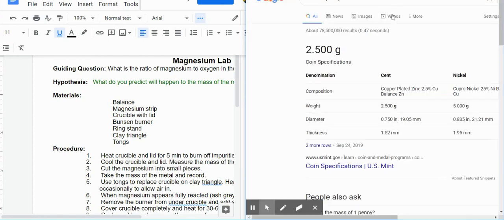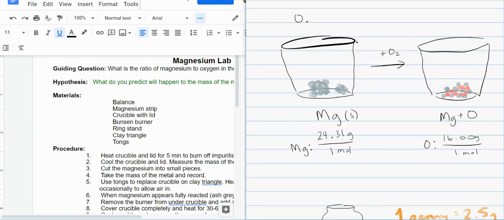So we have our magnesium before, which we said had a mass of 0.34 grams here. We burned it in oxygen, and some oxygen added itself. We ended up with a mass of 0.46 grams at the end. That was our magnesium with oxygen attached to it.